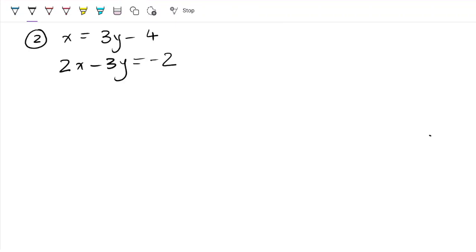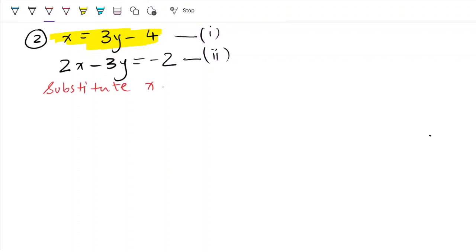Okay, let's solve another similar question. As you can see, in this one the first equation is given, which says that x is equal to 3y minus 4. So we already know the value of x. What we will do now, substitute x equal 3y minus 4 in equation 2.